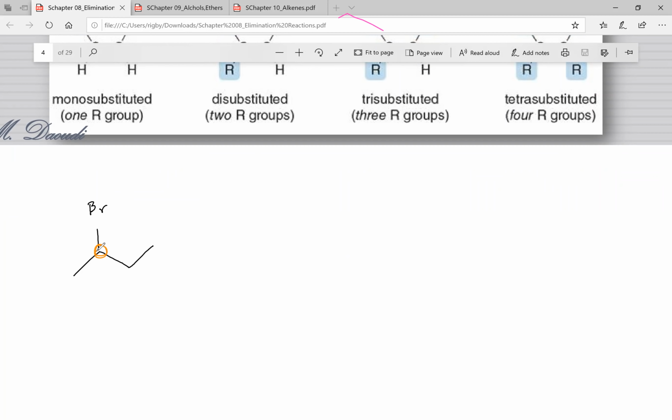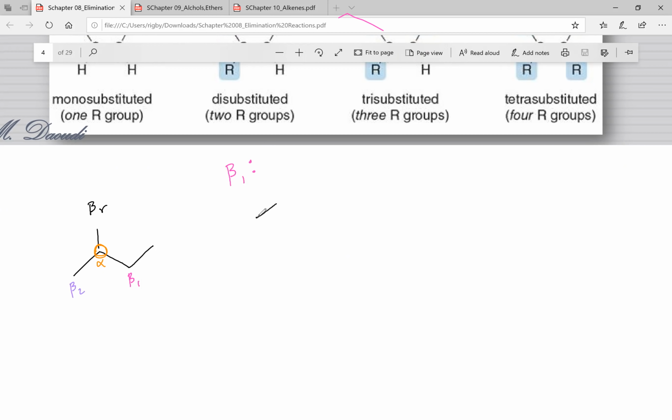But in this case, we're just going to make the carbon attached to the Br our alpha carbon. The two carbons next to it are going to be our beta 1 carbon and our beta 2 carbon.